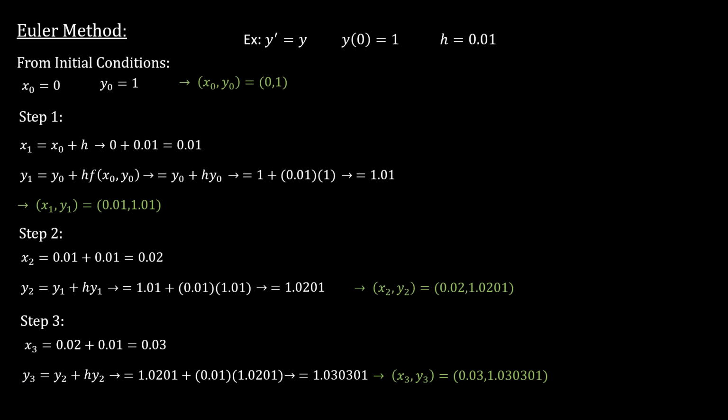In this case, I'm not truncating some of these numbers. I know that they're kind of long, but since we're dealing with numbers that are really small, I want to keep them as accurate as possible, to not increase my error in this problem. If we were to solve this equation, y prime equals y, using separation of variables, you would find that y equals e to the x, if you solved it analytically.